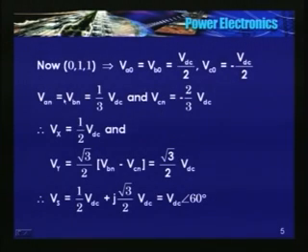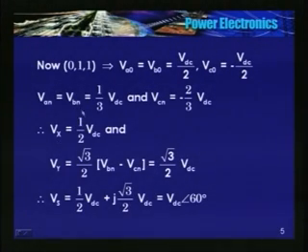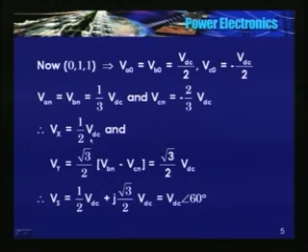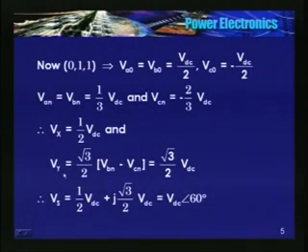Now these 3 voltages are known, so I can calculate Vx. Vx is nothing but 3/2 times VAN. So Vx is half VDC, and Vy is given by root 3 by 2 times VBN minus VCN.